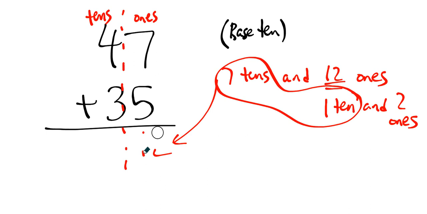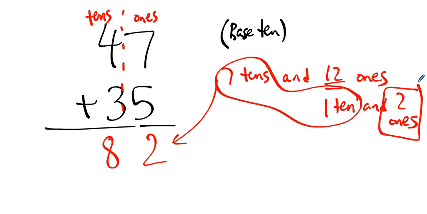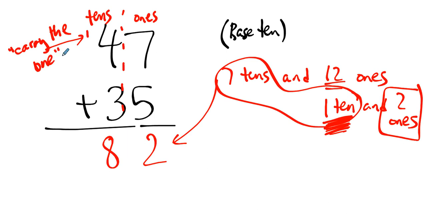And that's what happens here. We write the 2 down here because there's only 2 ones after a regrouping. And then we quote unquote carry the 1. Why?